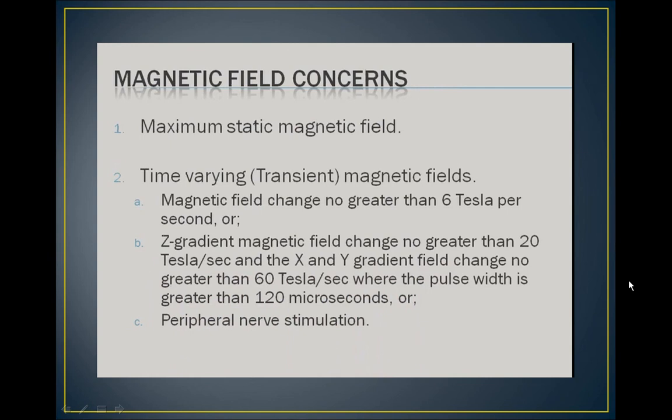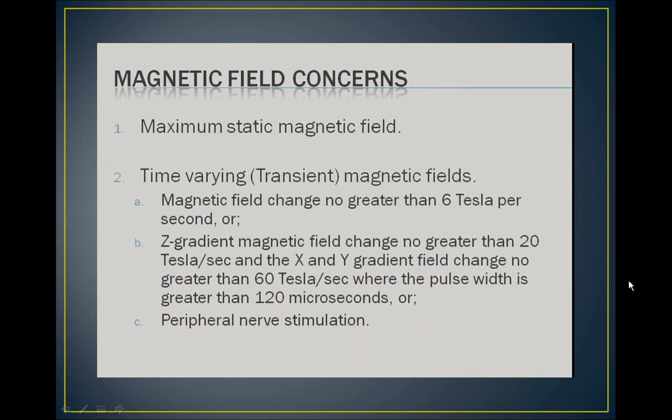The FDA has two concerns regarding the magnetic field. Number one, the maximum static magnetic field, where some MRI scanners have a static magnetic field up to 3 Tesla or higher, and some research magnets can even be 8 Tesla or higher.